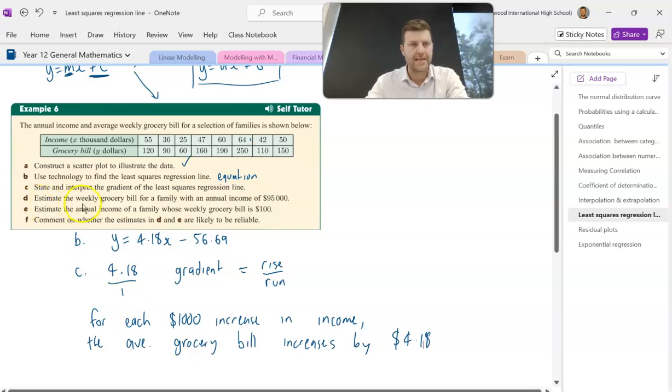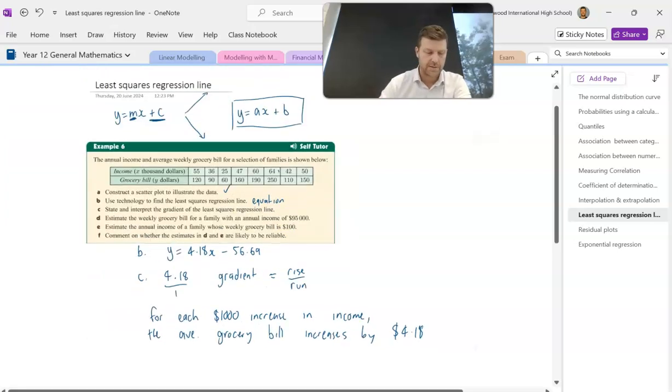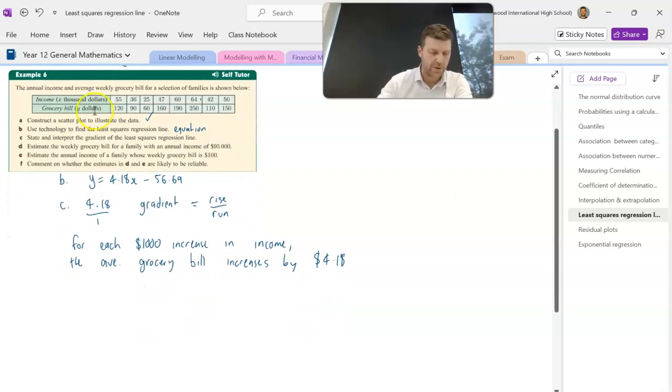Moving on to B, it says estimate the weekly grocery bill for a family with an annual income of $95,000. Now, there's a few ways of doing this. The first way, now that we know the equation, is to substitute that value back into the equation.